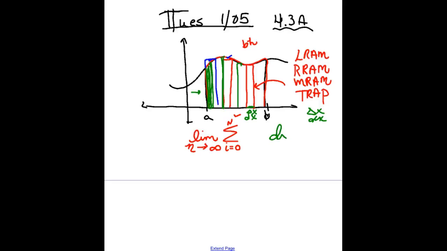So the bases of all our rectangles are dx. The height of all our rectangles is the function f of x. Maybe right here I'm at x sub 5, the 5th rectangle. Then the height is the y value there, or f of there. So we call this f of x sub i.